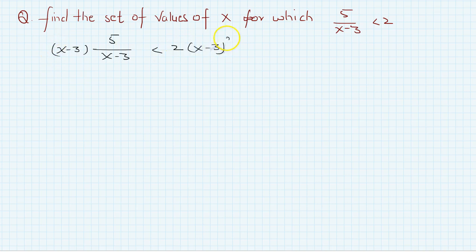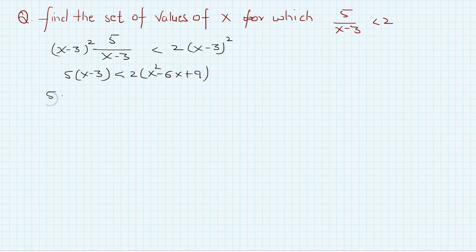But if we make a square of it and it is not 0, the inequality remains the same. So this will become 5 times x minus 3 is less than 2 times x square minus 6x plus 9.